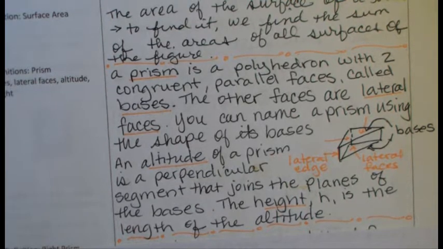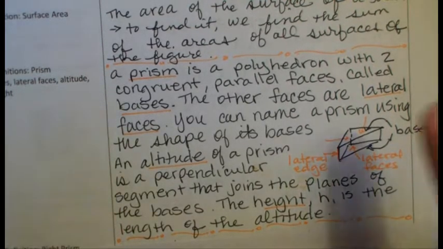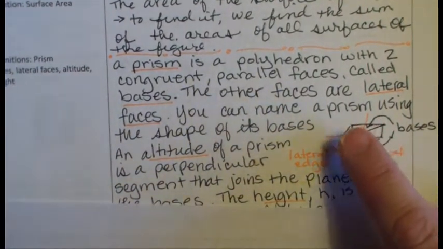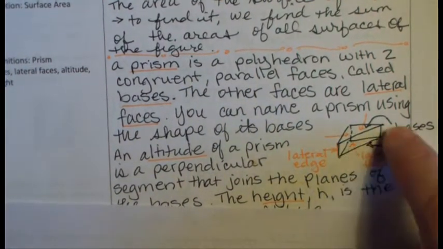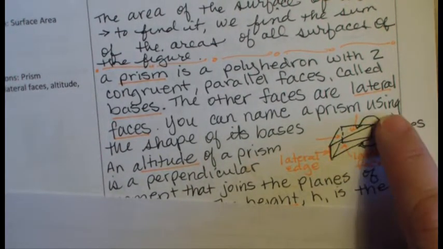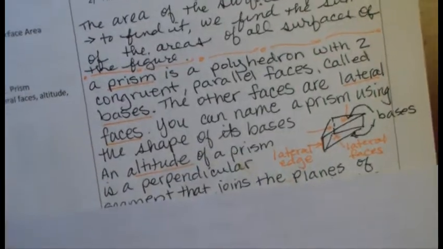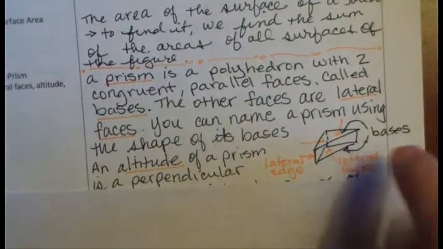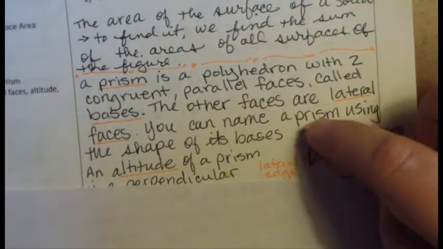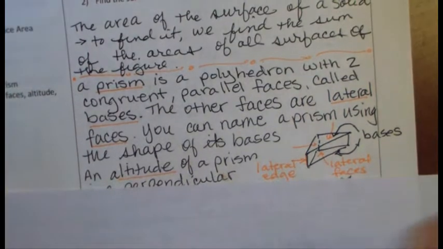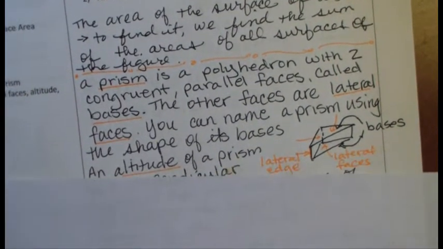You name a prism using the shape of its bases. Like right here, I've got a figure that's got triangles for bases, and then 3 rectangles for the sides. So that means our bases are triangles. These are our bases. And then these are our lateral faces, the edges and the places in between. And since our base is a triangle, we would call this a triangular prism.